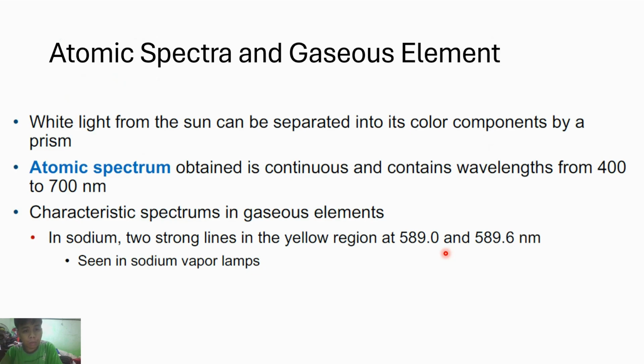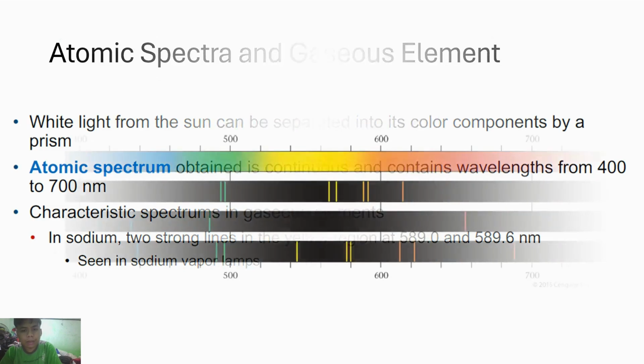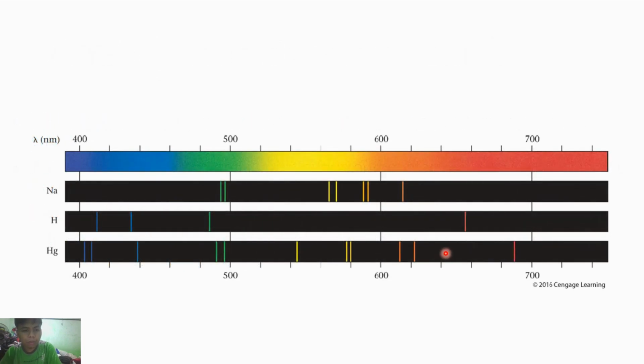What this is saying is that in atomic spectra, most gaseous elements produce light that shows their characteristics. Here we use a sodium vapor lamp, with a color in the 500 region and in the 600 nanometer region. Credits to the books.